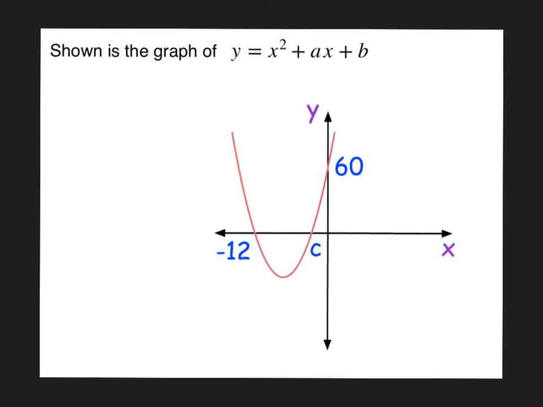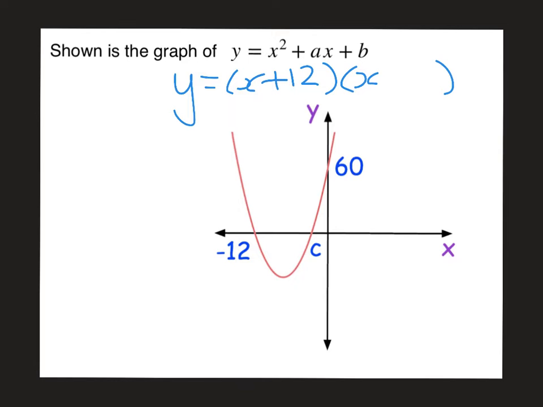Let's look at another. This is slightly different because you're given the y-intercept this time and only one of the roots. So you can write this as y equals x plus 12, because a root is negative 12, but also x plus c.